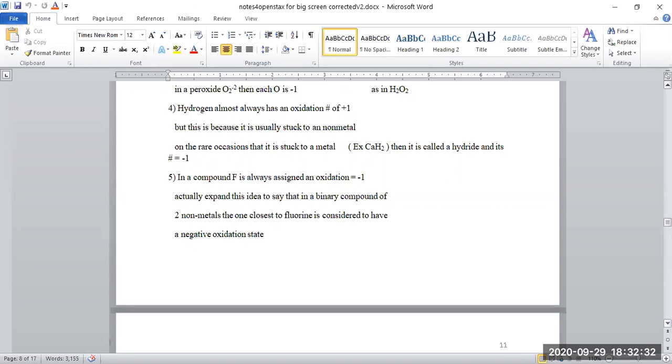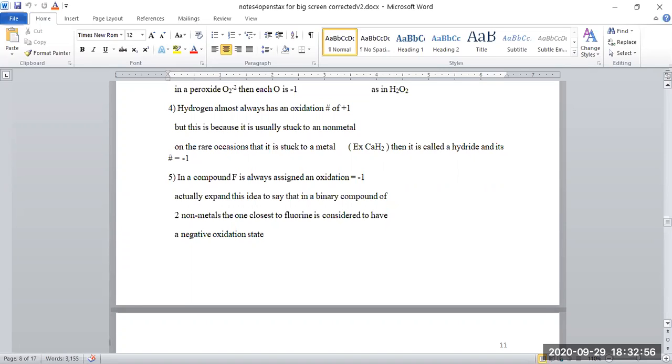Fluorine. Fluorine kind of has a special place in a way, because first we start with an assumption. We say if your fluorine is part of a molecule, that means it's with something else, we're going to assume it's -1.